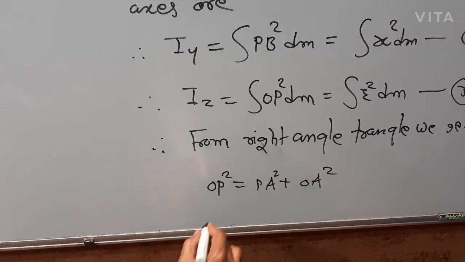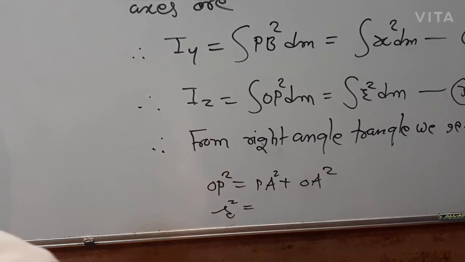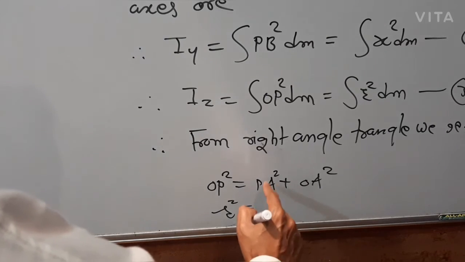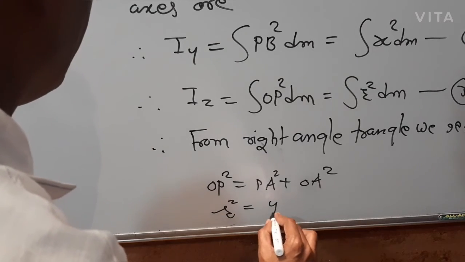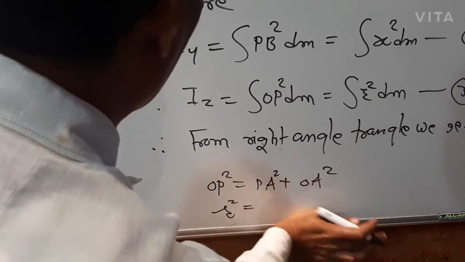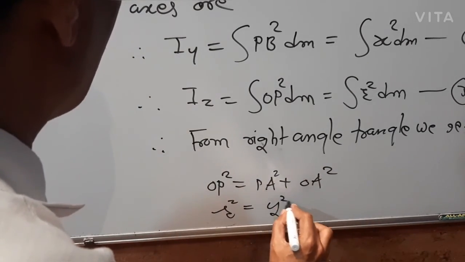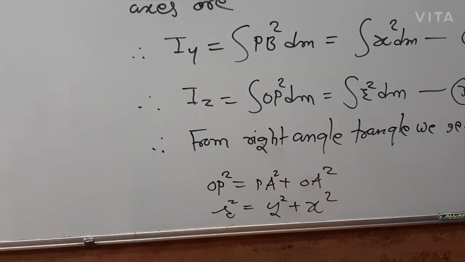And therefore r square is equal to PA square, meaning y square, plus x square.